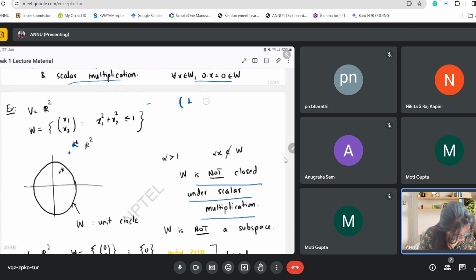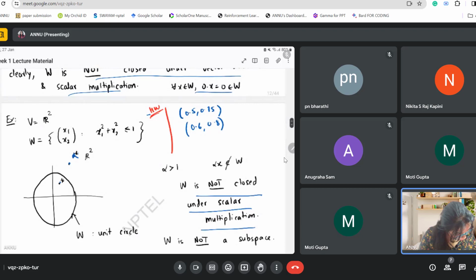Again, we have to choose values properly so that the sum is less than or equal to 1, such as 0.5, 0.75, 0.6 or 0.8. Check this as homework: whether it is closed under addition or not. If you sum these two, W1 plus W2, then you have to check whether it belongs to capital W or not. Then only will it be closed under addition. This is one of the homework.